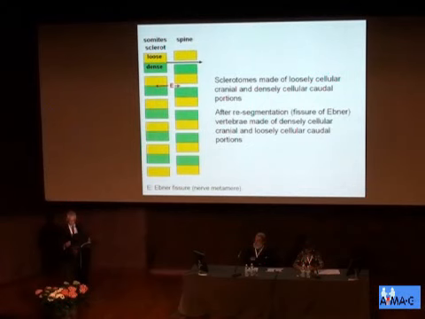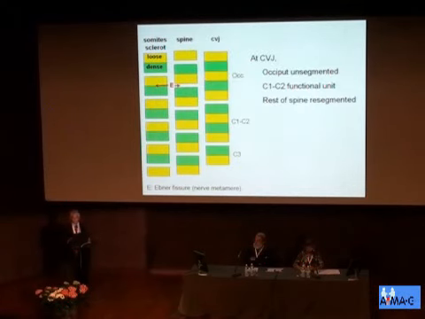It is still more complex at the level of the craniovertebral junction, because basically the posterior fossa remains segmented, and actually the craniovertebral junction itself remains segmented. But it is resegmented between the occiput and the craniovertebral junction, but it remains fused for C1 and C2, and then it becomes normally segmented below.